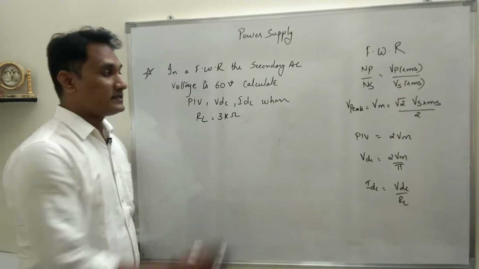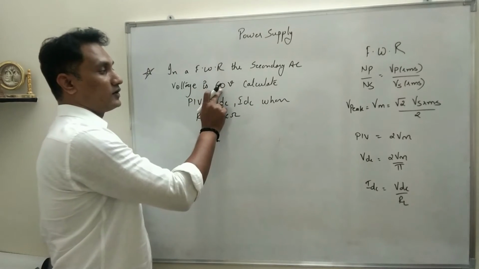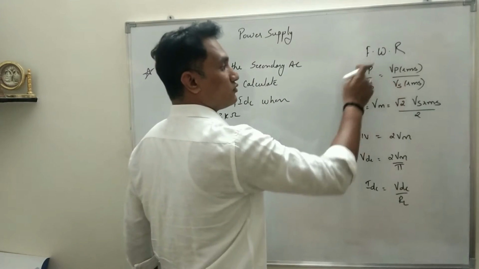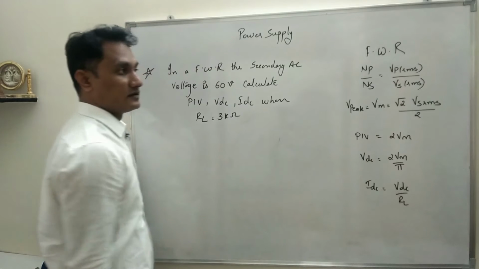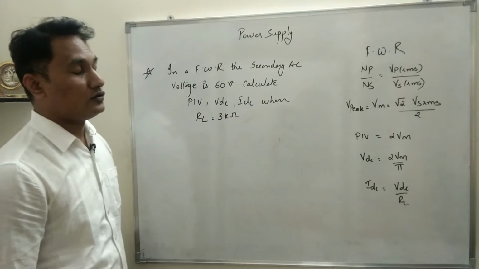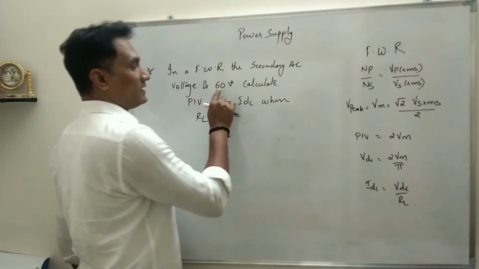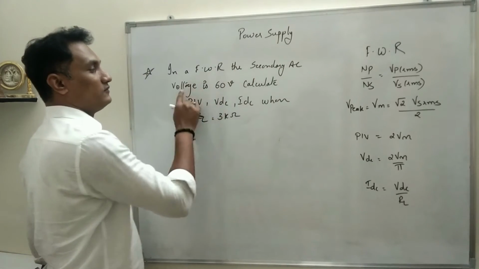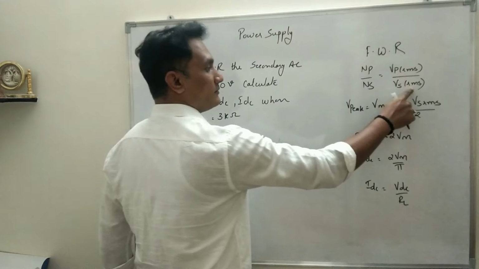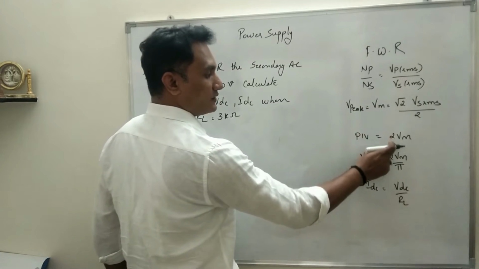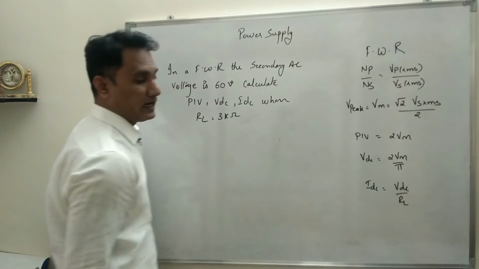Now in such a problem, you have directly been given VS RMS, so you don't need the turn ratio or the formula for the transformer. The secondary AC voltage is 60 volt, VS RMS is given, so you need to calculate VM and substitute the value to get the answer.